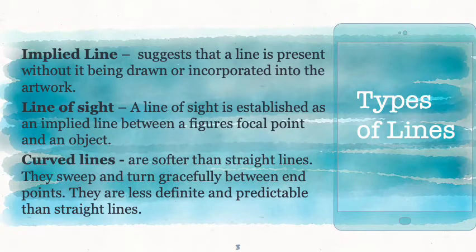Okay, another type of lines. We are still stuck on lines. Now, lines have a vast number of types. So we are still on these types of lines, and we have implied lines. The use of implied lines is often seen in perspective drawings.